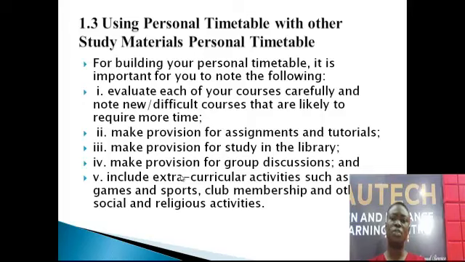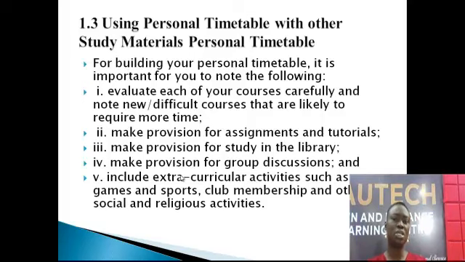And also making provision for assignments and tutorials. You should be able to know what time you will do your assignments, what time you will do your tutorials, and what time you will come in for normal lecture and for your own personal reading. After you might have done the normal lecture, you should have your own personal time to make use of, to read, and also to do your assignments, to do your tutorials.